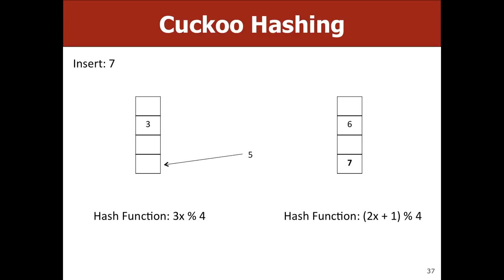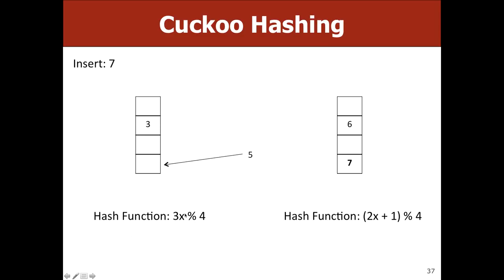We insert 7. When we insert 7, you get 21 mod 4 is 1, which we put in this spot, and 15 mod 4 would put in this spot, right? So our issue with that is, okay, we'd have to kick one of these 2 out. So let's put 7 in, we choose this one randomly, and then we would move 5 over to the other table.